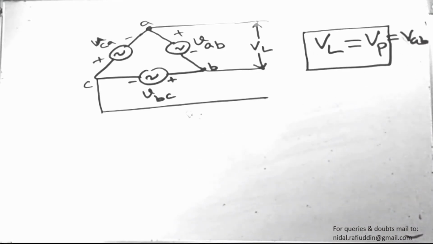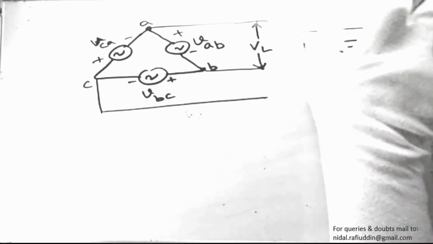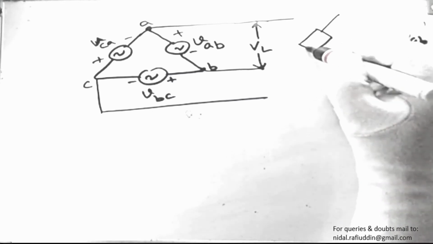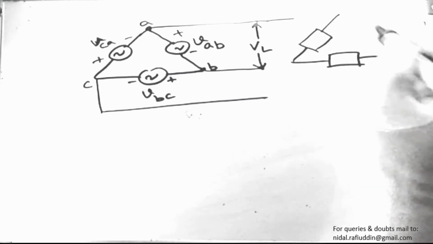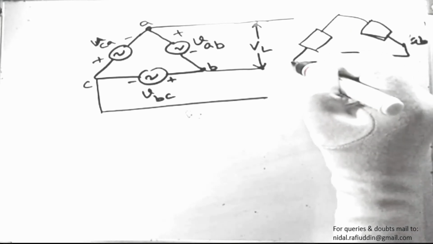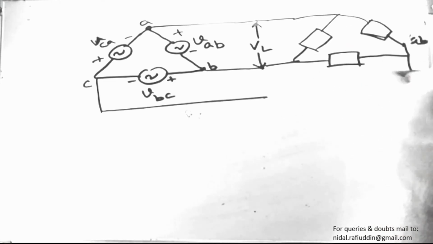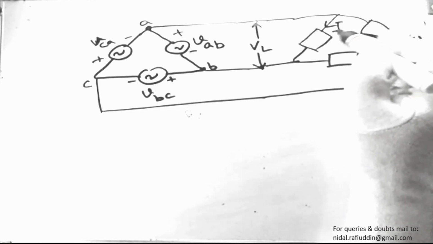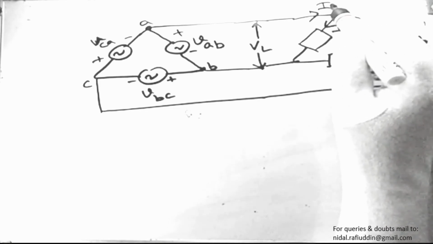Now if we talk about the current, in order to find the current, we'll have to connect loads across the voltages. So suppose we again have a delta connected load. This is the phase current IP, while this is the line current.